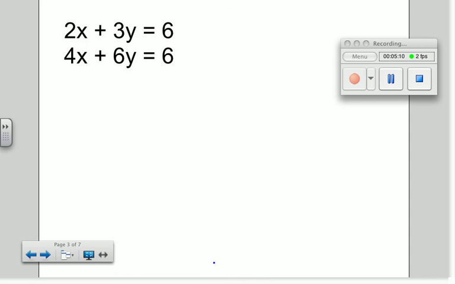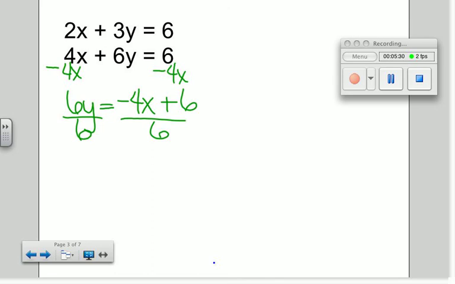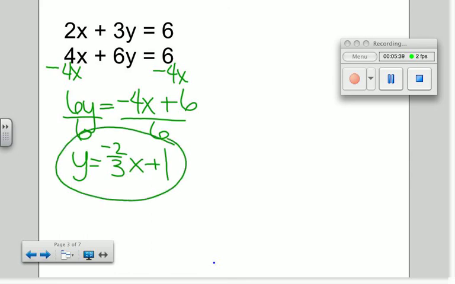Let's solve this bottom one, and this time we're going to solve it for y. We're going to subtract 4x from both sides. So we have 6y equals negative 4x plus 6. Divide everything by 6. So we get y equals, and I'm going to reduce my fraction, negative 2/3 x plus 1.